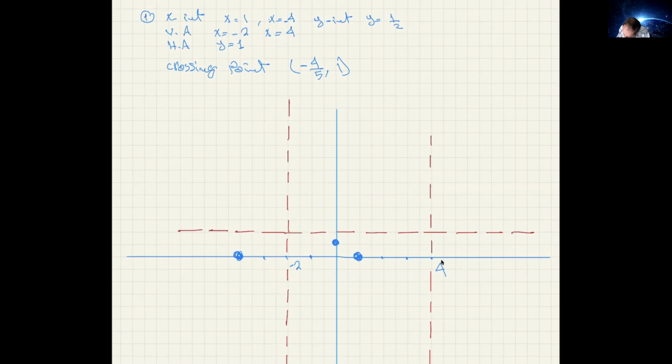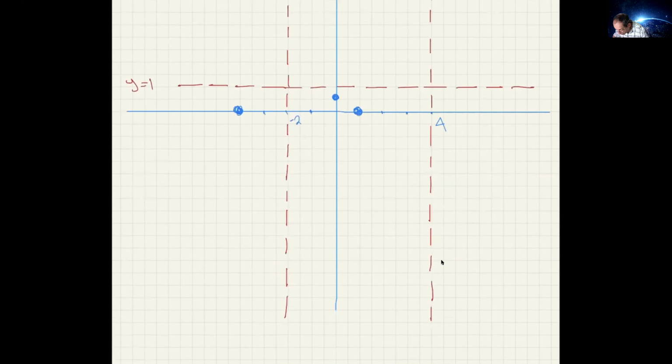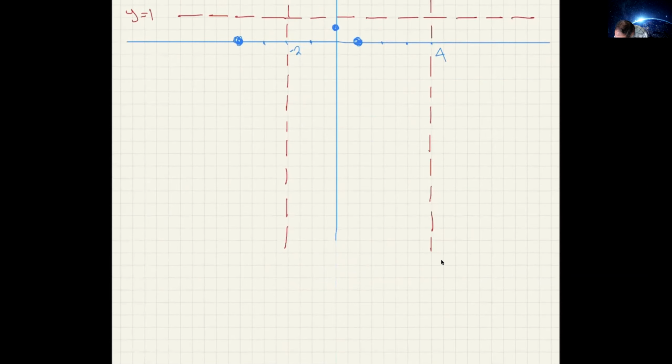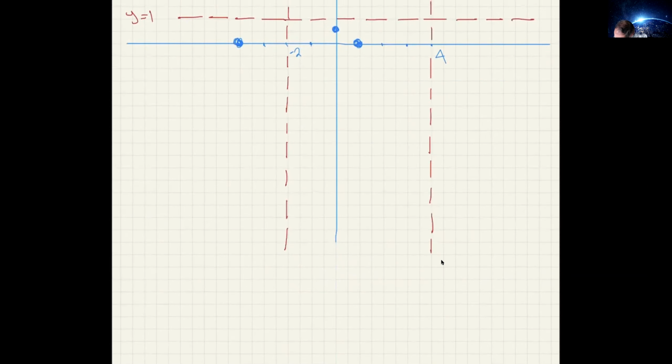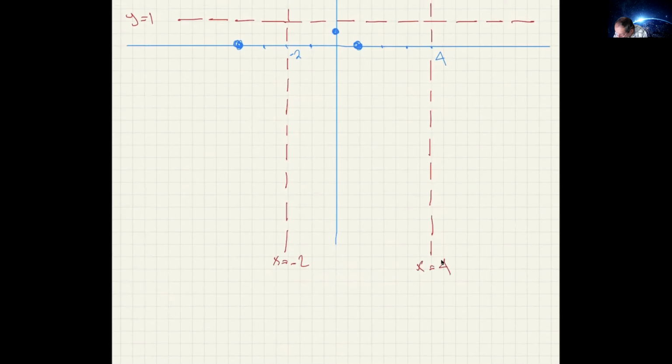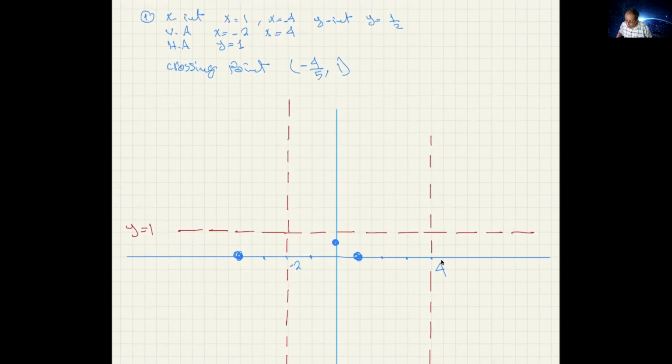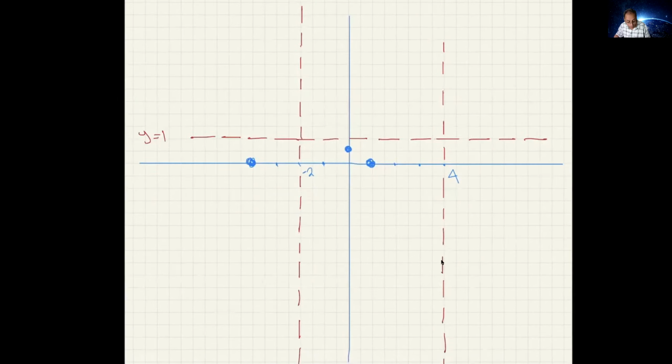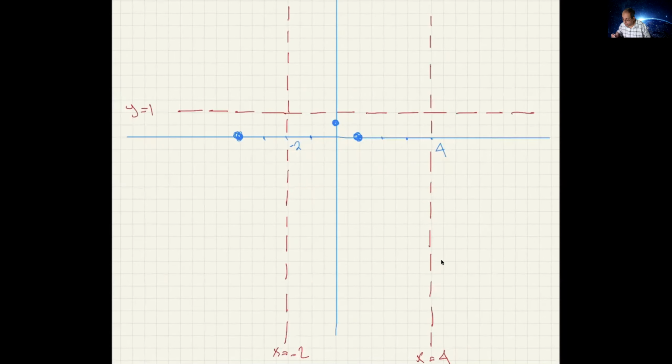So this is Y equals 1, and this is X equals -2, X equals 4. So I found the X-intercepts, the Y-intercept, the one horizontal asymptote and the 2 vertical asymptotes.